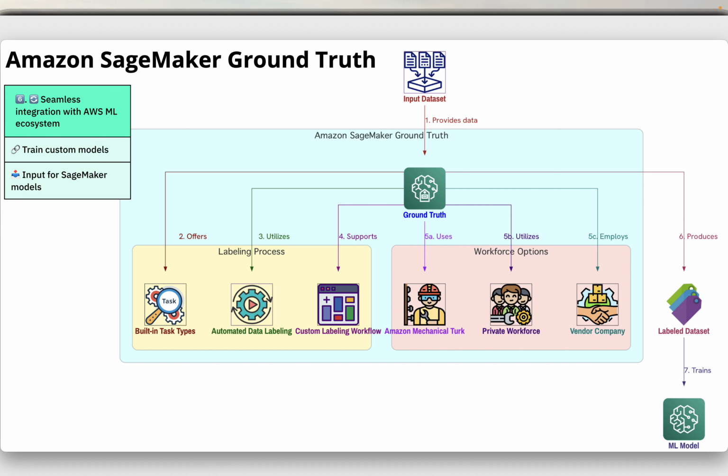Seamless integration with the AWS ML ecosystem: the labeled datasets produced by Ground Truth can be used to train custom models or serve as input for Amazon SageMaker models. This provides a seamless integration within the AWS machine learning ecosystem, allowing users to move easily from data labeling to model training and deployment.